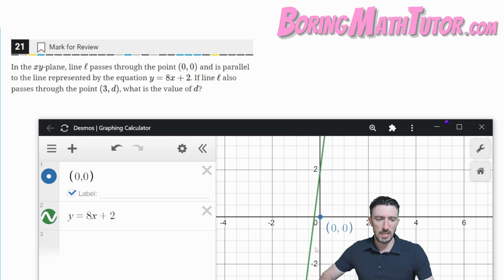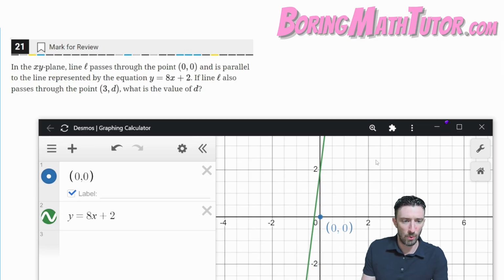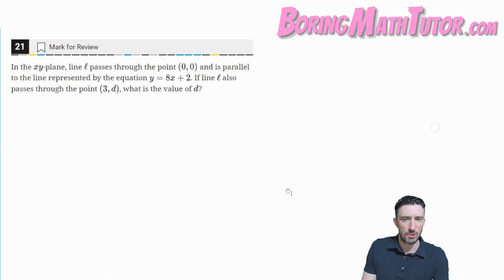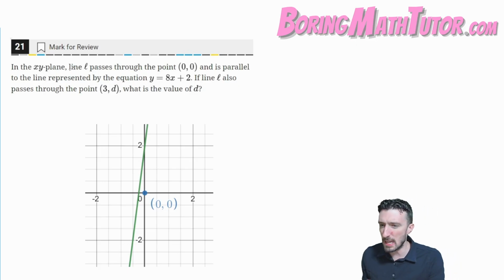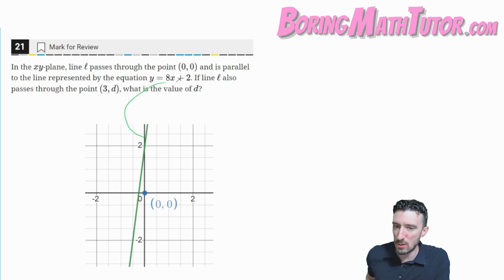But let's take a picture of what's going on right now and try to figure out how to make sense of what they're talking about. They said in the xy plane, line L passes through the point 0, 0 and is parallel to this other one. So the one I have in green is the y equals 8x plus 2.